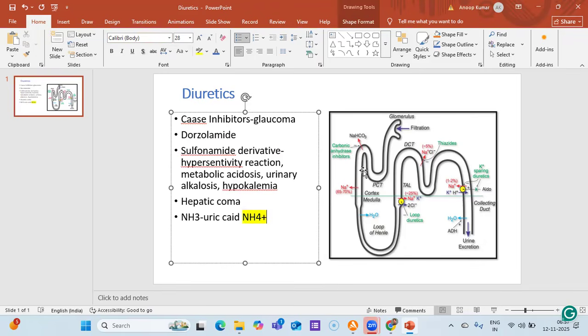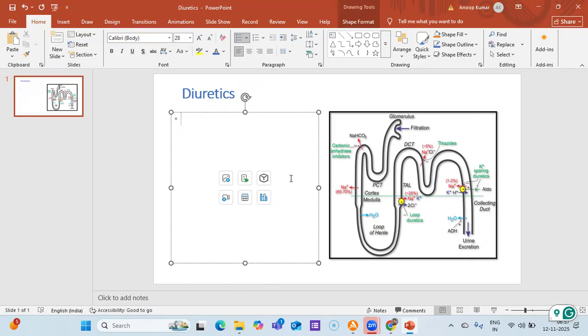So this is about the diuretics which are acting on the proximal convoluted tubule, where sodium and hydrogen are exchanged, right? The next one is the diuretics which are acting on the loop of Henle. Sometimes a question will ask which part of the loop of Henle the loop diuretics act on. The answer is the ascending part of the loop of Henle.